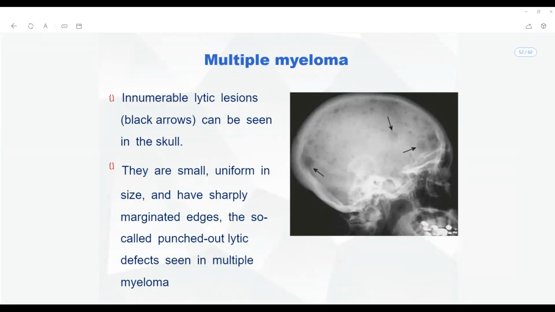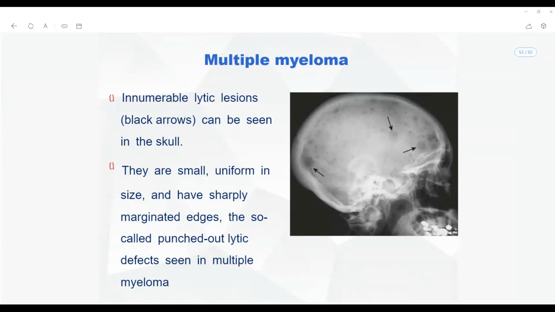Can you appreciate the presence of a soap bubble there? It looks like a soap bubble. These are the classical pictures you actually find in most of the textbooks.